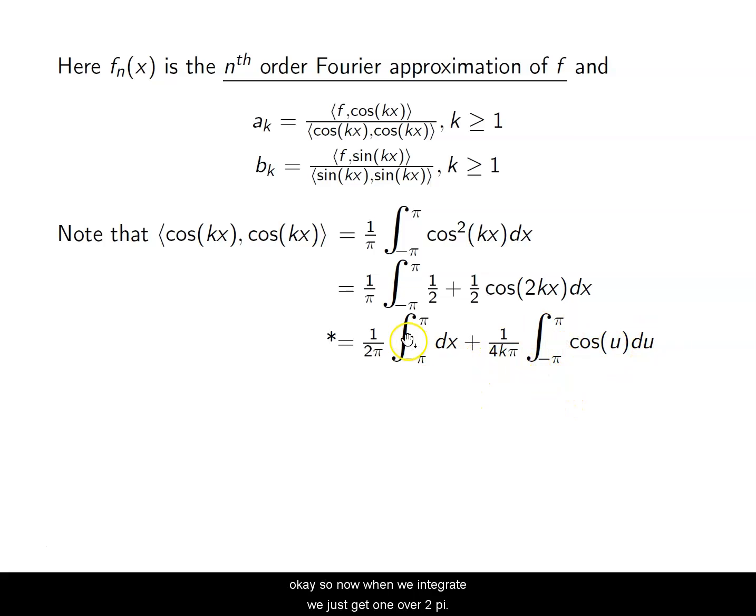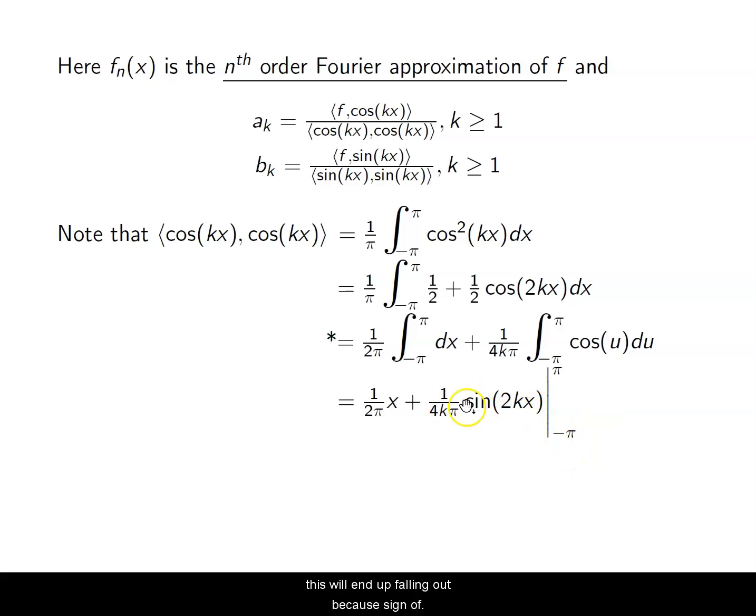Now when we integrate, we just get 1 over 2 pi x, right? This changes from a cosine to a sine basically, and then the u ends up coming back in, and I get 1 over 4k pi sine 2kx, and I evaluate that from negative pi to pi.